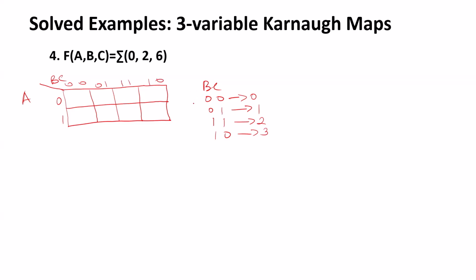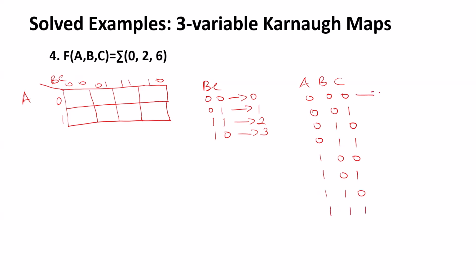We also need to construct for the three combination A, B, C. We know that you can have these possibilities: 0, 0, 0, 0, 0, 1, 0, 1, 0, 0, 1, 1, 1, 0, 0, 1, 0, 1, 1, 1, 0, and 1, 1, 1.